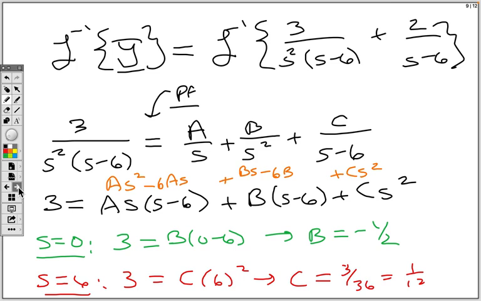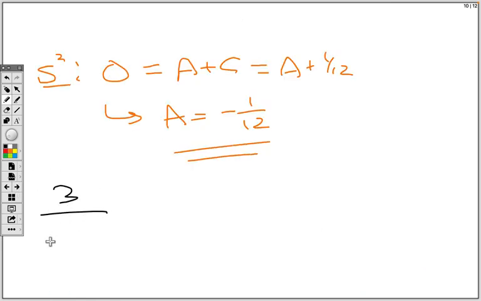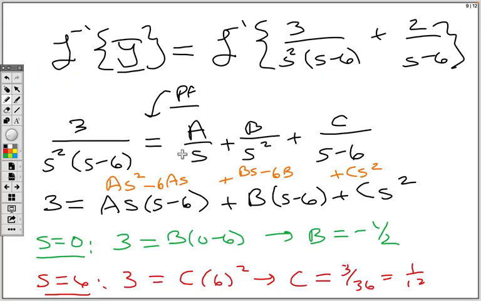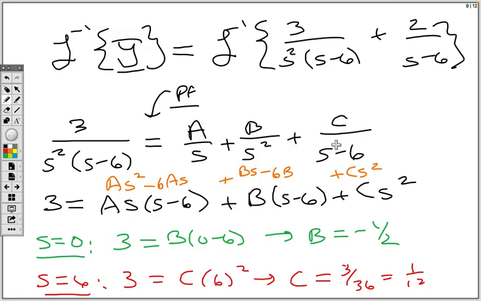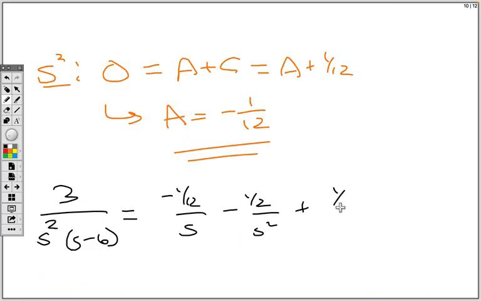All right. So here's what we've got now. We've got that 3 over s squared times s minus 6 is equal to minus 1/12 over s, minus 1/2 over s squared, plus 1/12 over s minus 6.